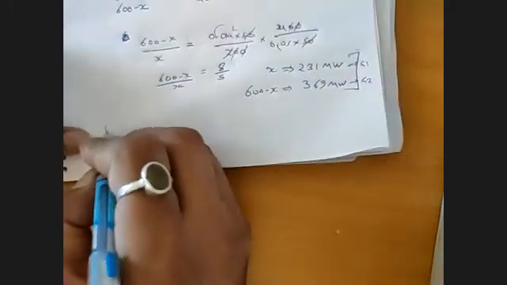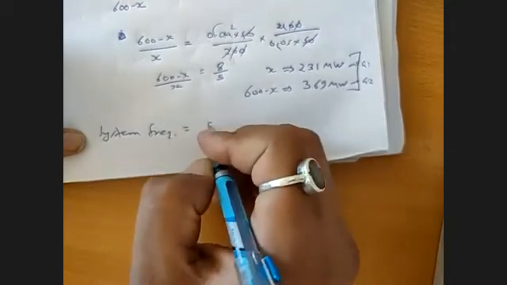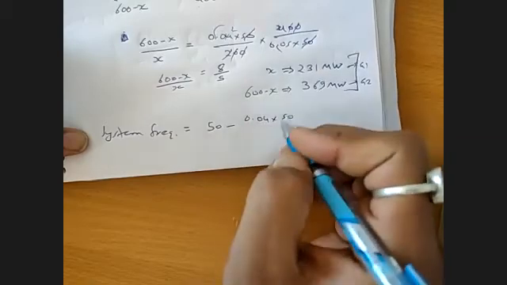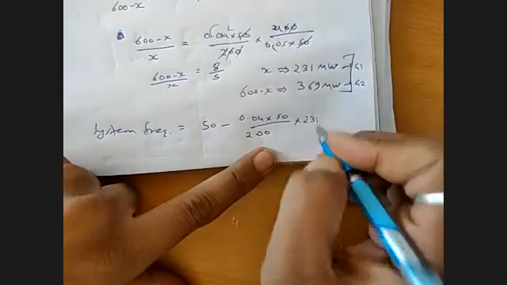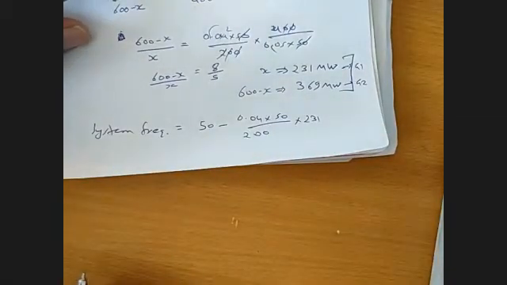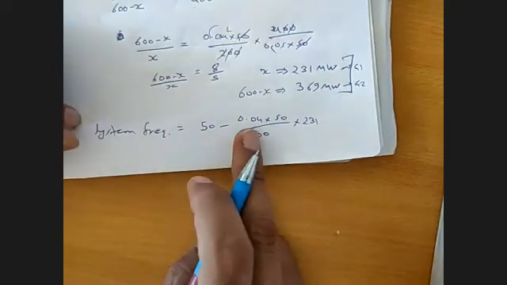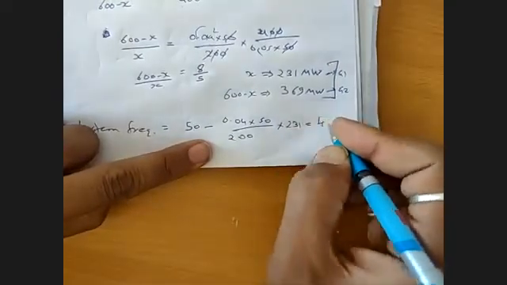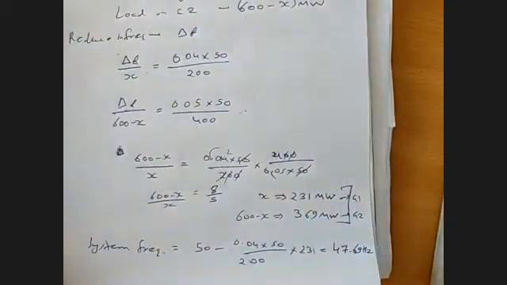Now your system frequency will be 50 minus 0.04 into 50 upon 200 into 231. ये X की वैल्यू 231, तो 50 माइनस, क्योंकि डेल्टा एफ था तो उसको माइनस कर दिया, तो this will come out to be 47.69 Hertz. This is how load sharing numericals have been done.